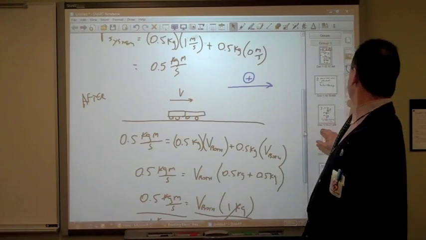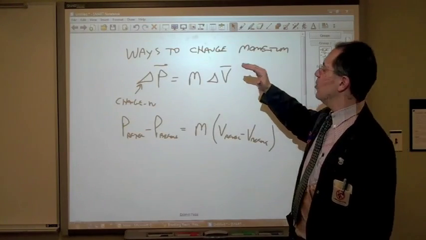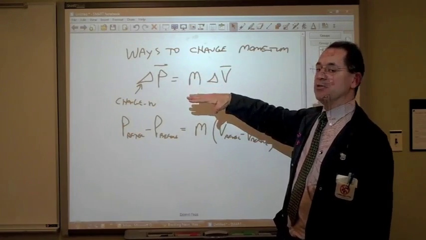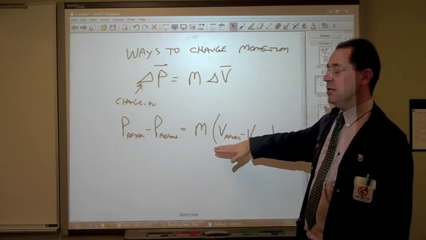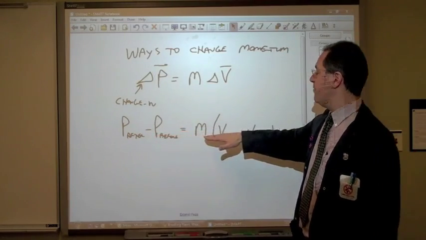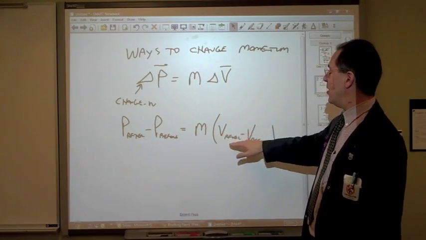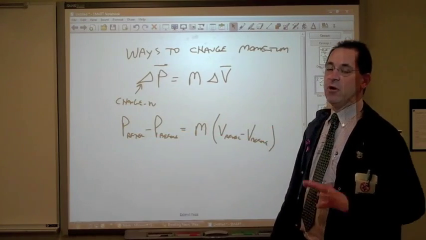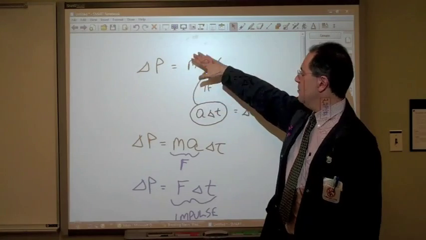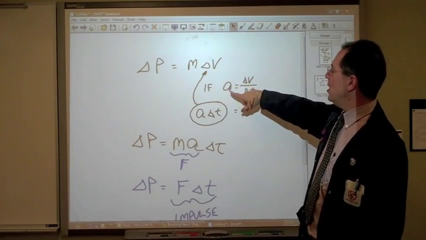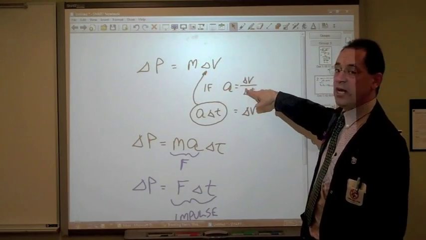In order to get momentum to change, okay, we're going to have to apply an impulse to do it. Momentum change is just mass times the change in velocity. Momentum after minus momentum before is the same as the mass times the velocity after minus the velocity before for any object in the system. Okay, and we derived a formula just by knowing that acceleration is the rate at which velocity changes.